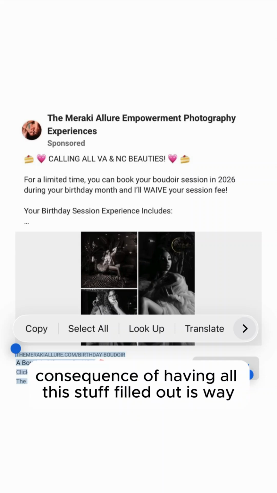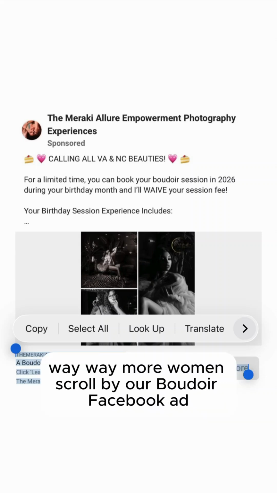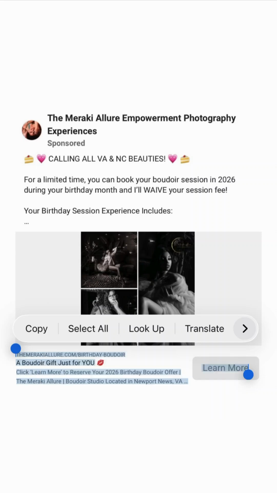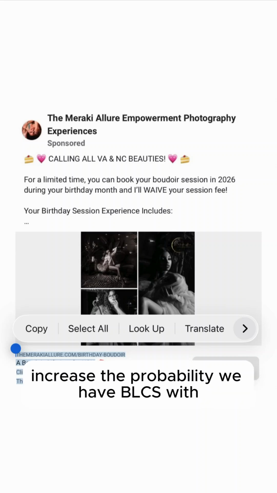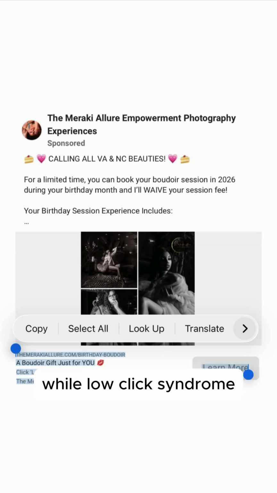A consequence of having all this stuff filled out is way more women scroll by our Boudoir Facebook ad. As a result, it pulls our unique CTR under 6% and increases the probability we have BLCS, Boudoir low click syndrome.